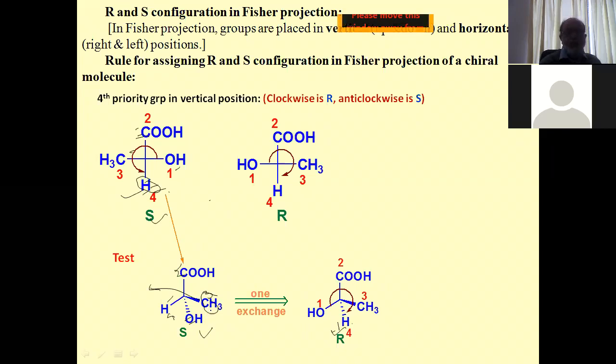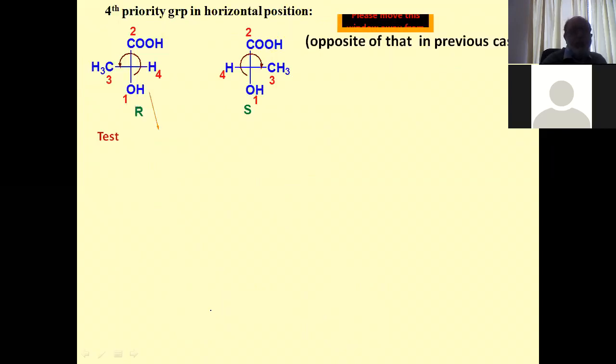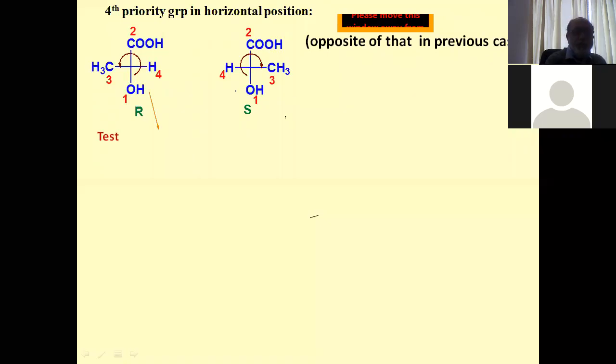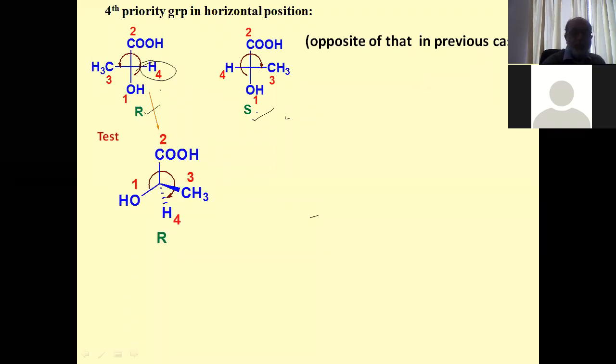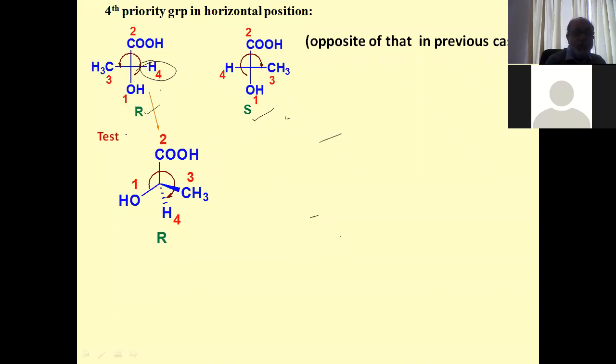And this is exactly the opposite of what we find when the fourth priority group is present in the horizontal position. There, if we get anti-clockwise direction, the configuration is going to be R. If we get clockwise direction, it is going to be S, just the opposite. Here also we have examined it, and this structure is equivalent to this structure.